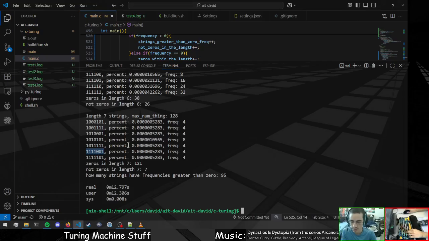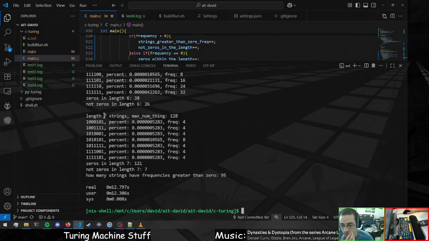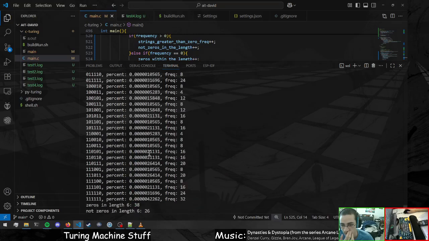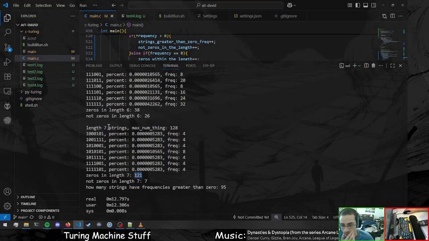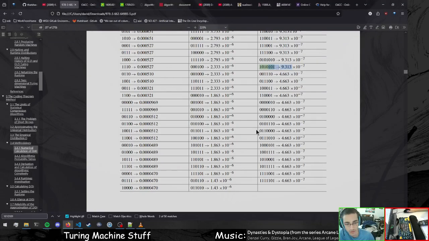But one thing I'm not understanding. So we're missing some of the length 7 strings. Yeah, we're just missing some of them. There's 121 of them that are missing. They're just missing.